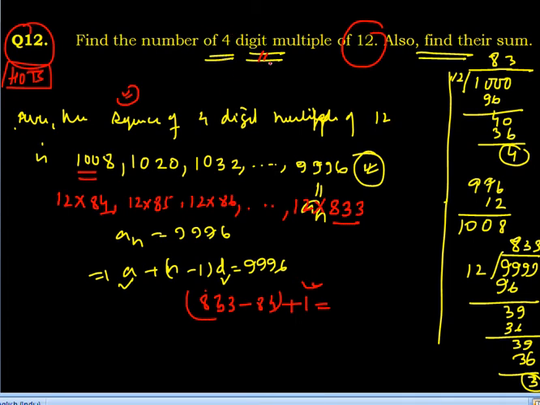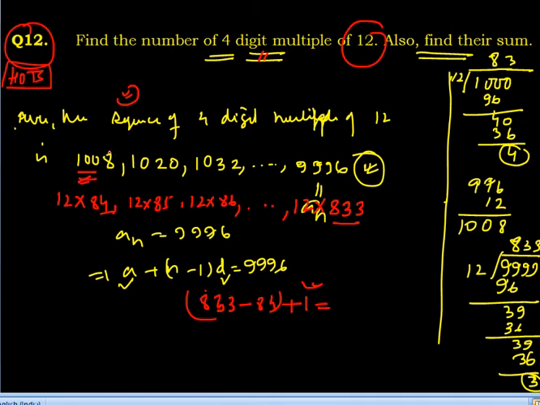I just want to remind you that this particular question can be modified. Then what will be the shape? I can ask you, find the number of 4 digit numbers, not multiples, which when divided by 12 leave a remainder 1. Now see, if I divide this number by 12, as it is a multiple, the remainder will be 0.